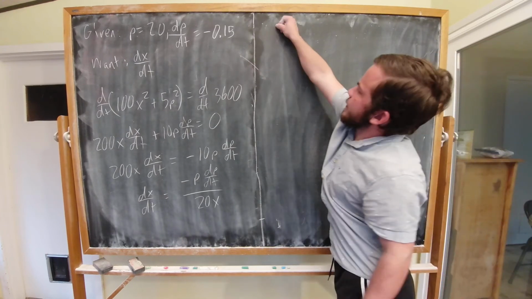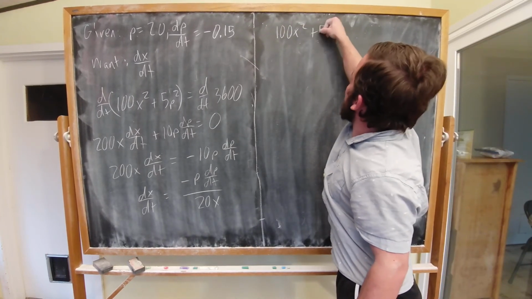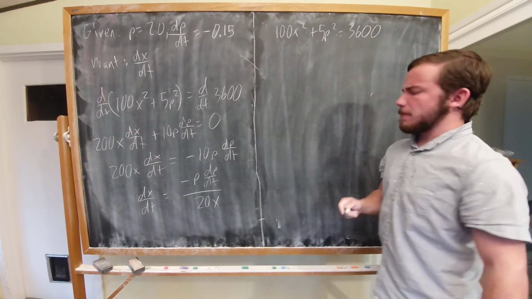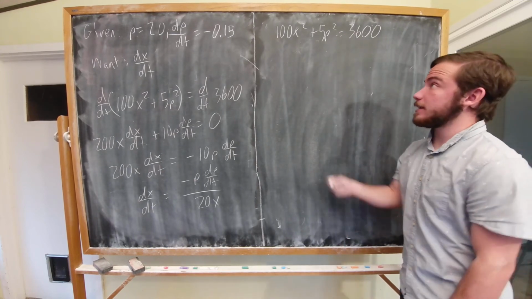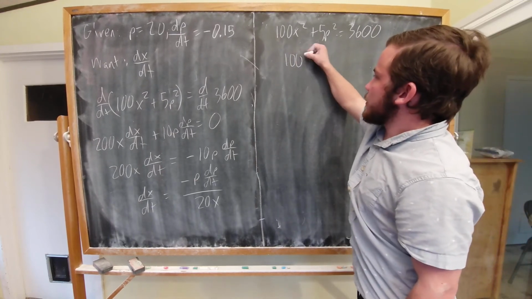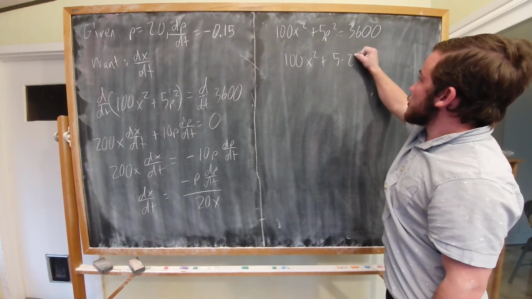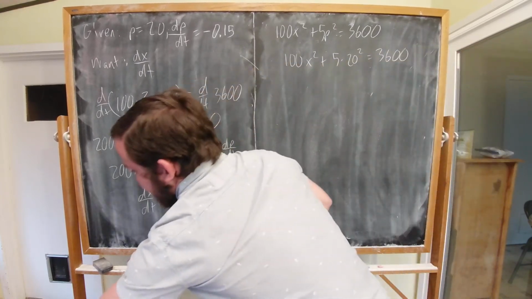Alright, I realized I erased that equation that gave us the whole thing. It was 100x squared plus 5p squared equals 3600. Okay, I need x. I have p. Let's find it. I know that 100x squared plus 5 times 20 squared is 3,600.